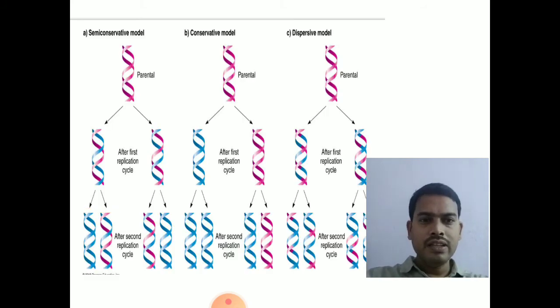While coming to the different types of replication models, there are three types: semi-conservative mode of replication, conservative mode of replication, and dispersive mode of replication.